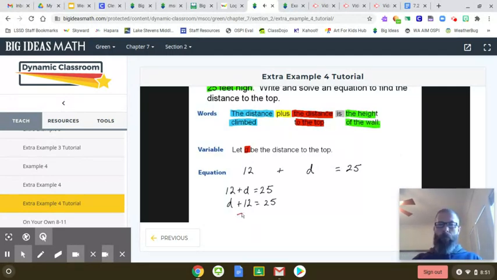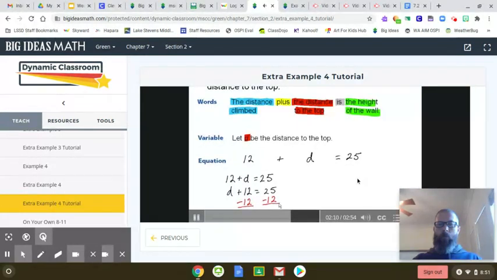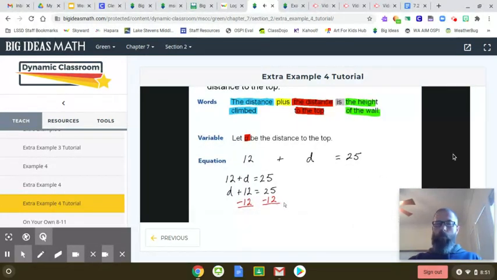So, to undo the addition, we will subtract 12 from each side. Remember, we are subtracting from each side because we need to make sure that the equation is balanced. On the left-hand side, D plus 12 minus 12 is D. And on the right-hand side, 25 minus 12 is 13.